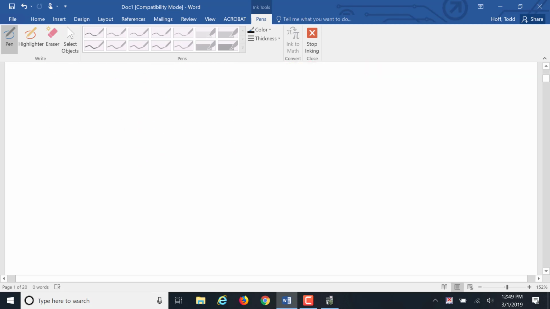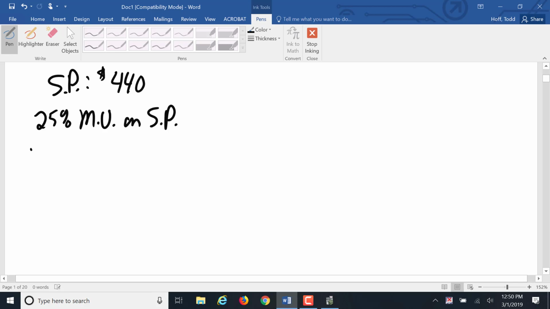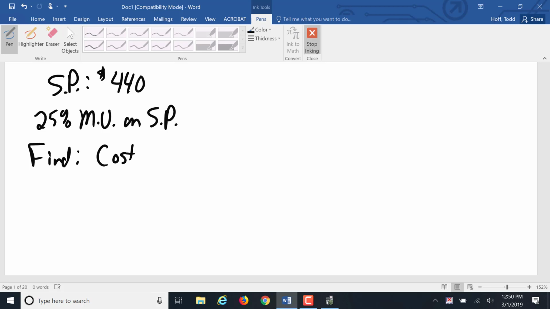In this example, we are given the selling price of $440. We are given that we have a 25% markup on selling price. And let's do the whole problem up front here. This time we're going to ask to find the cost.